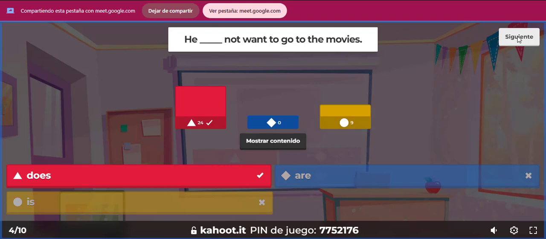He doesn't want to go to the movies. We are using the verb want and the subject pronoun he, and that's why we use does.